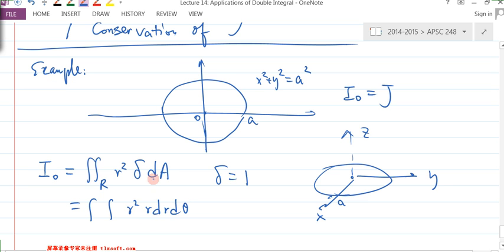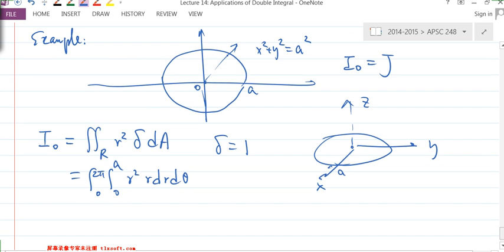So dA becomes r dr d theta, and r is from 0 to a, and theta from 0 to 2 pi, right? It's very simple. So the point is, for this calculation, I want to show you something after this one. You get the moment of inertia with respect to the axis passing through the origin for the plate with radius a as pi a to the power 4 over 2. Is that good?